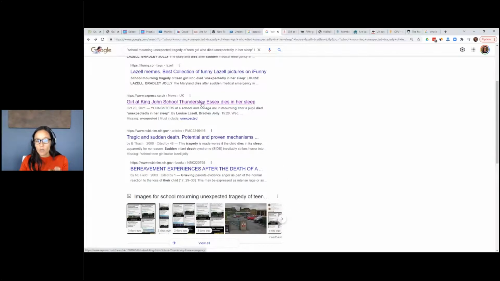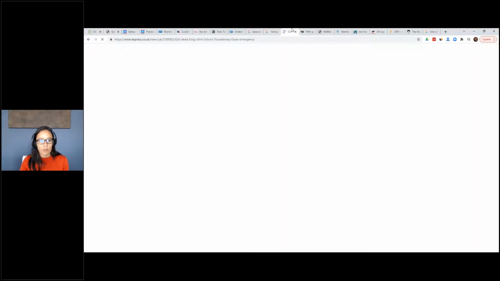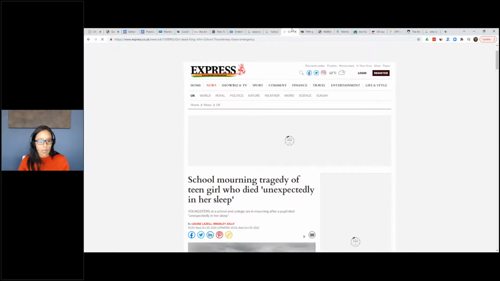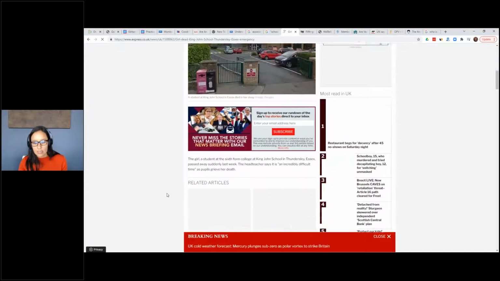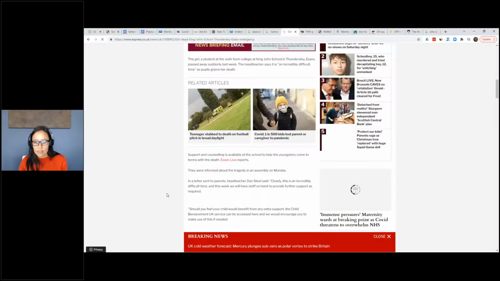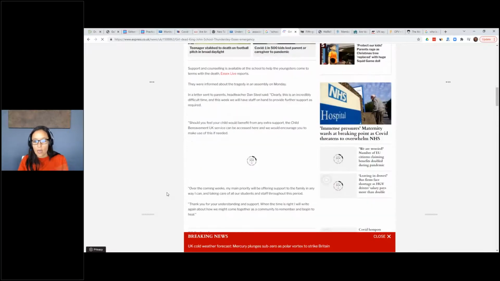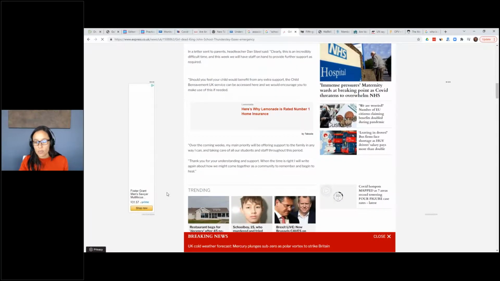Then I found one article that appears to be the underlying article, from express.co.uk. It says, school morning tragedy of a teen girl who died unexpectedly in her sleep. And if you read this, this is in England, and it says absolutely nothing about COVID or vaccines or what the cause of death was.